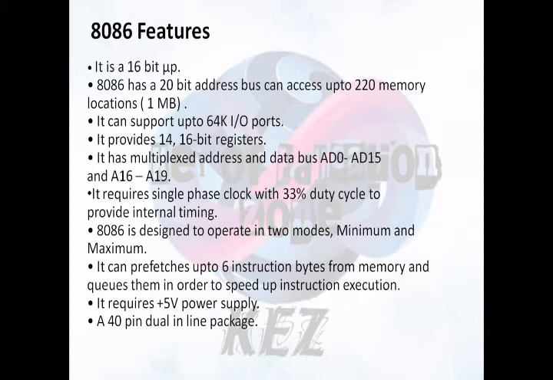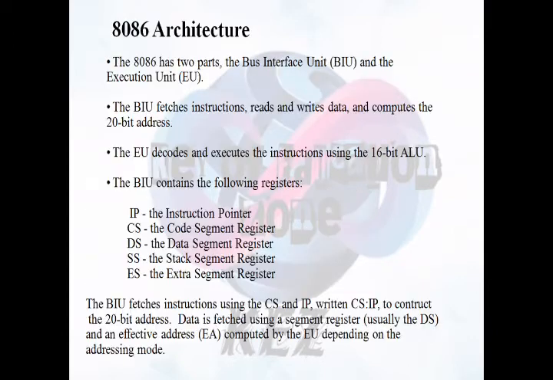If you want to write down, pause the video and write down these features, because it is a tutorial lecture, so go through it and write it down, it will be better. Now see the 8086 architecture. In case of this architecture, we have to know two things.